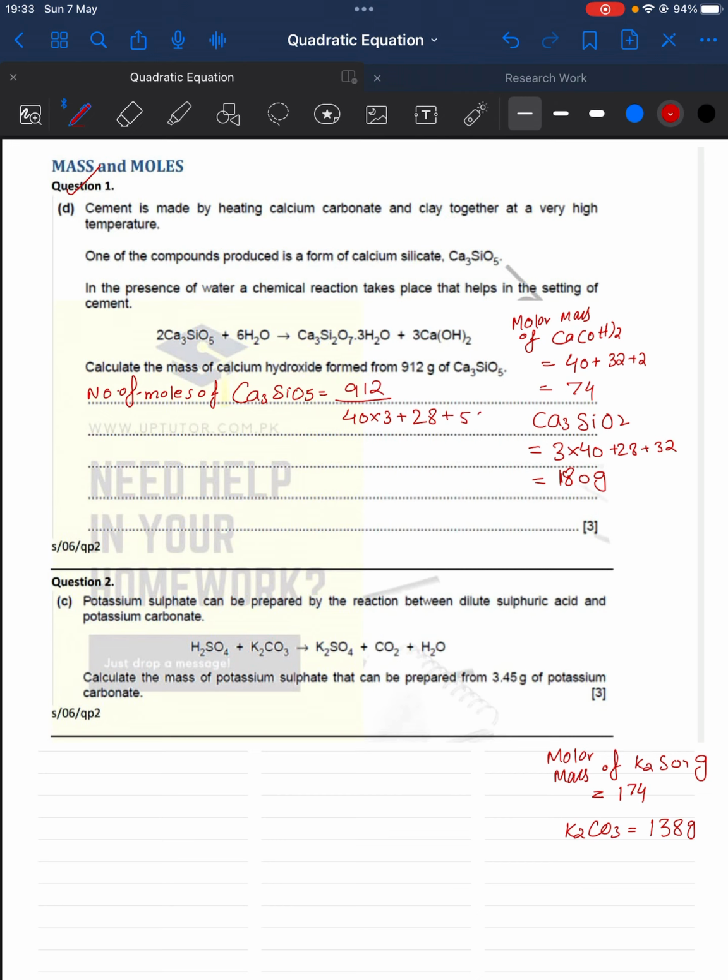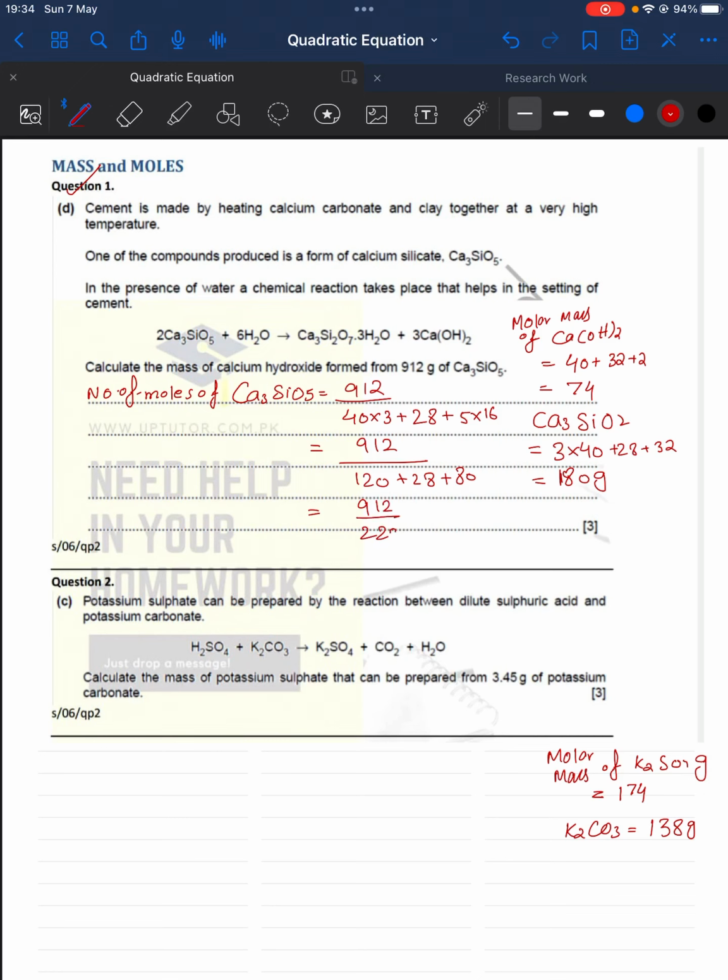Now we have 5, so we will multiply it with 5. So it will be 912 gram, 40 into 3 is 120, plus 28, plus 16 into 5 is 80. So when we add up, we will get 120 plus 28 plus 80. So it is 228.